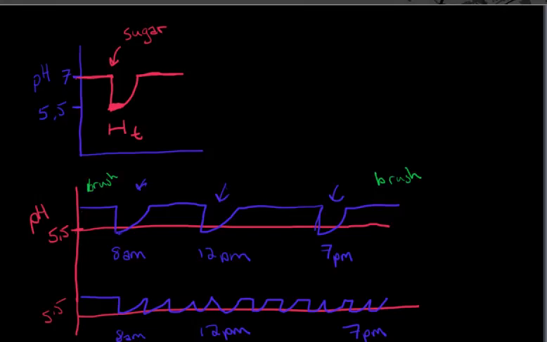So if we added up all these little shaded times where there was a pH that was low enough to demineralize the tooth, it wasn't so bad here. We only had 3 of them.